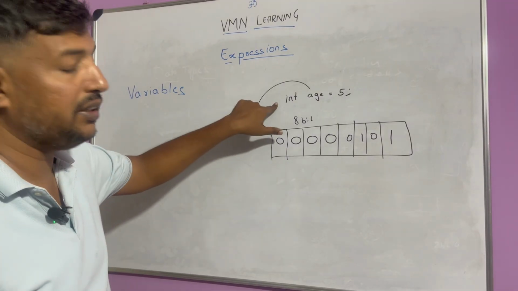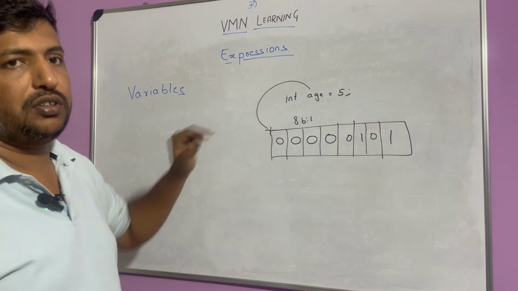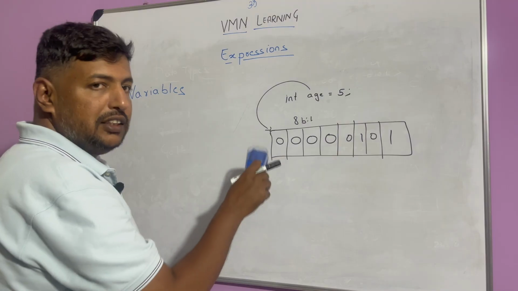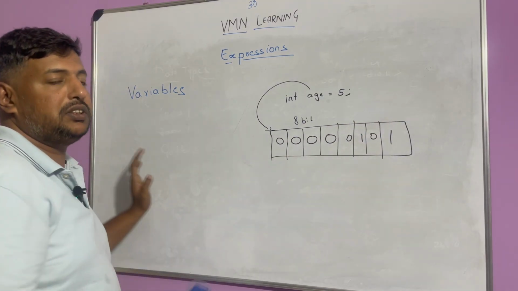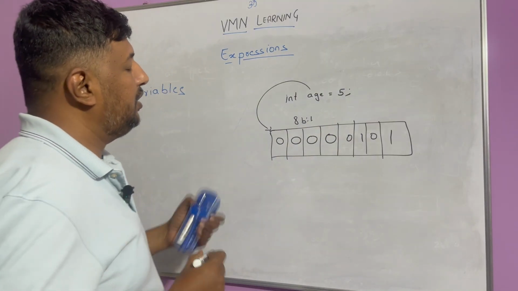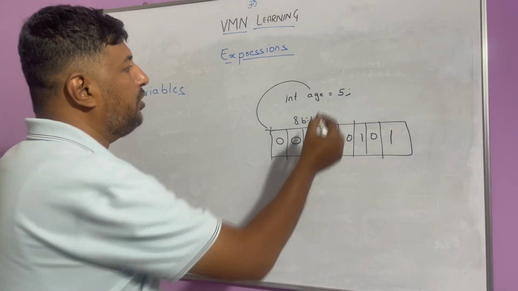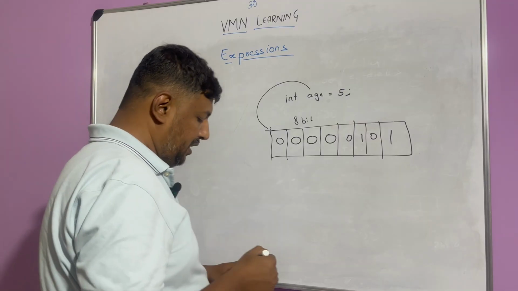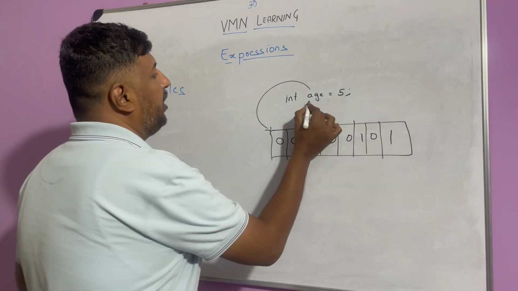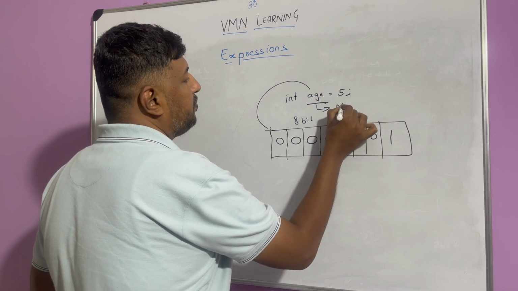That's the reason we use these data types, to make the system understand how many bits are to be stored. This is how variables are stored. A variable is a named location in memory.